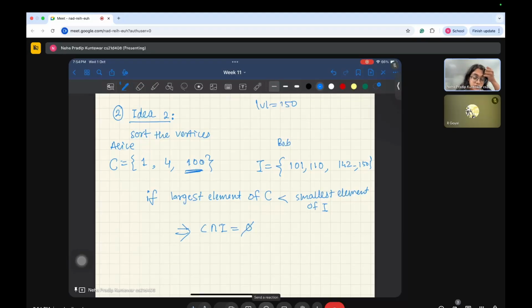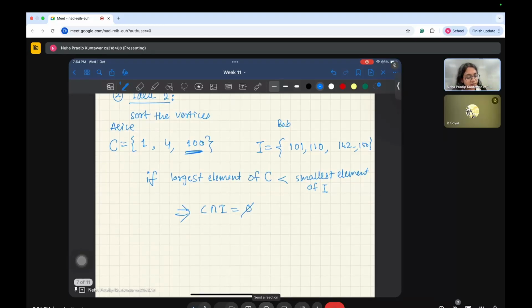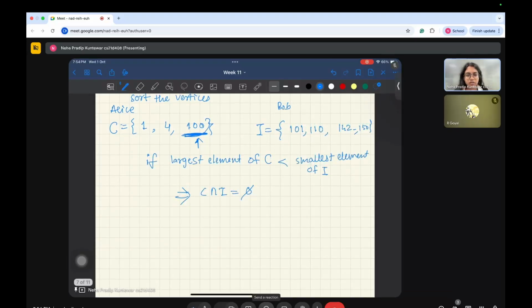So this is some kind of trick that we are going to play, but instead of communicating it this way, what works for us is that we'll do some kind of binary search sort of thing. Let's say that currently the number of vertices in the graph is n.